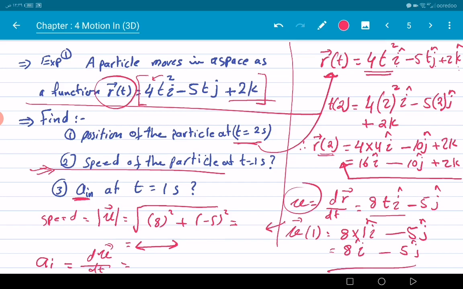Here that is the v, 8 i hat, so at any time it is the same number. So a at 1 second is equal to 8 i hat.